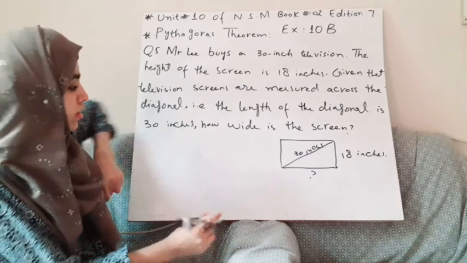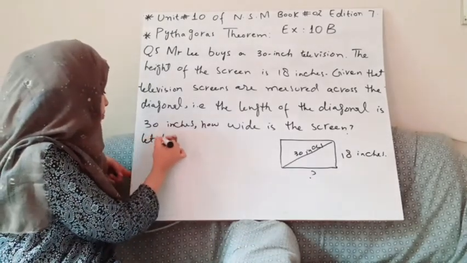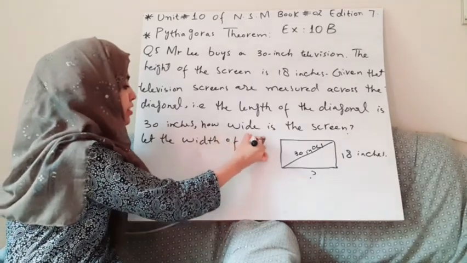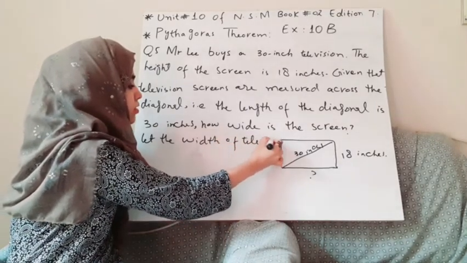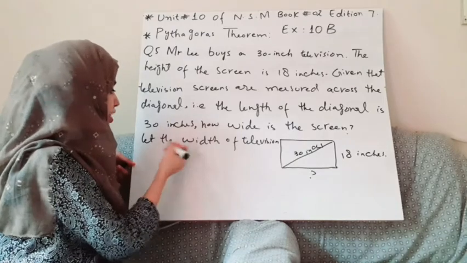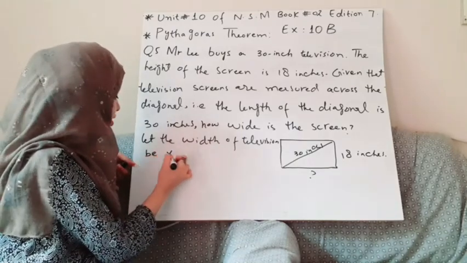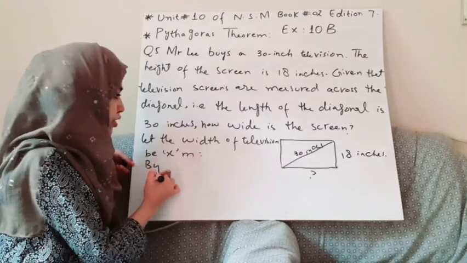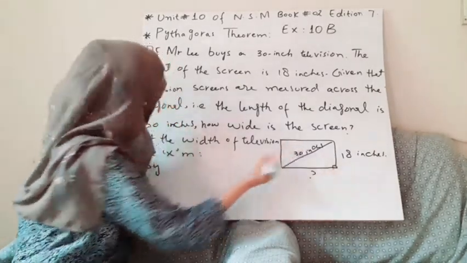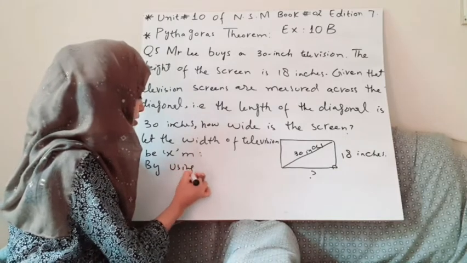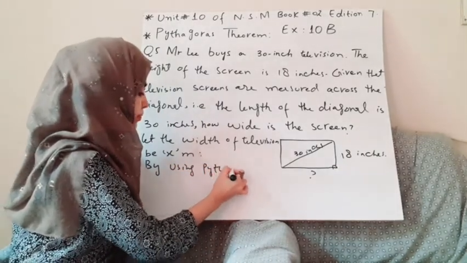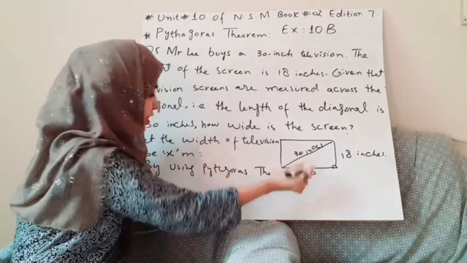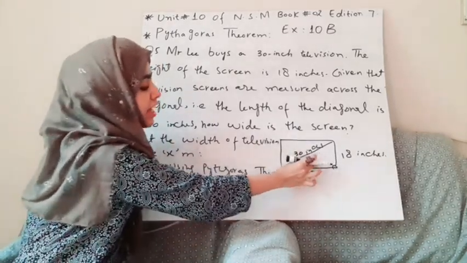So we have to let the width of the television, which we have to find, be x inches, whatever alphabet you can take, and then by using Pythagoras theorem, that is a right angle, which says hypotenuse square, and what is the hypotenuse in this case?